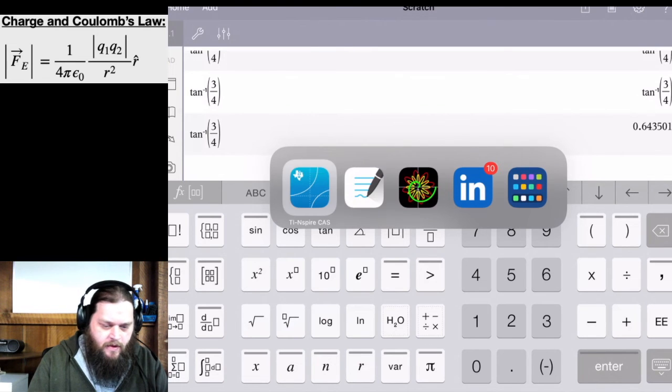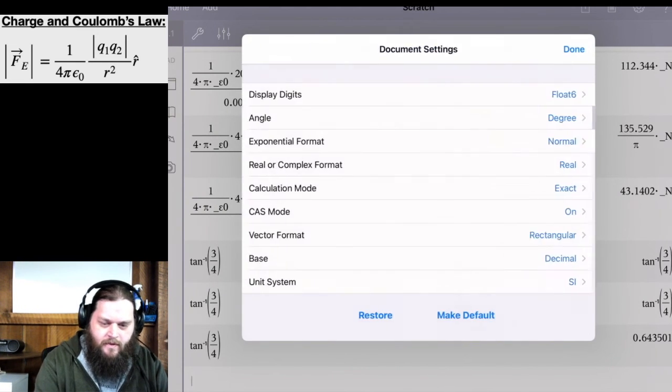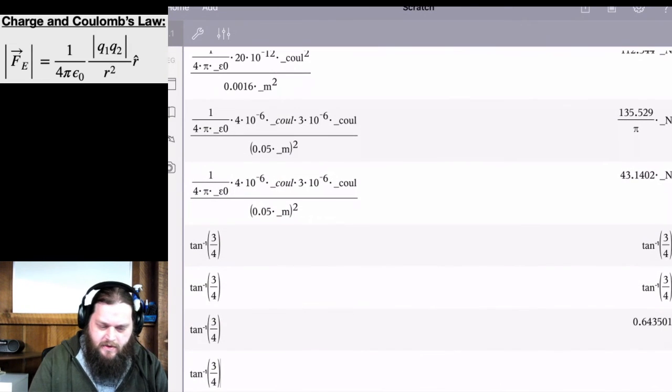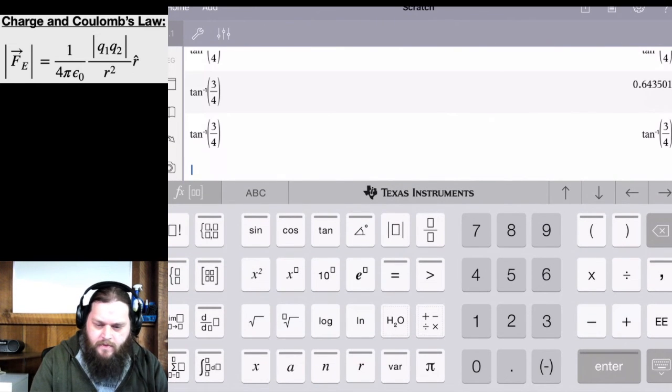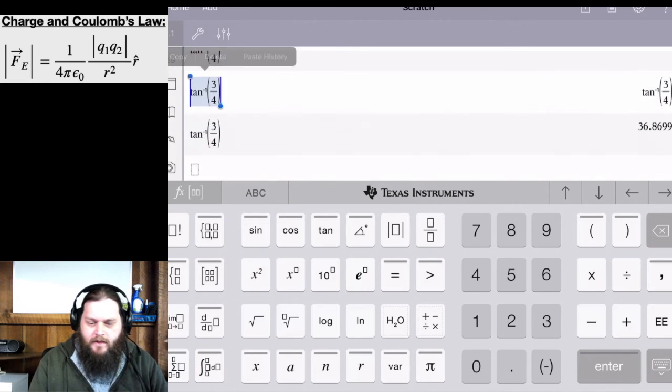I must be in radians. Yes, I am. Now I'm in degrees. It never likes to give me approximate answers. Okay, so that's the number of degrees.